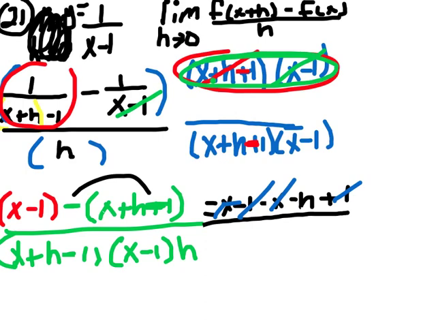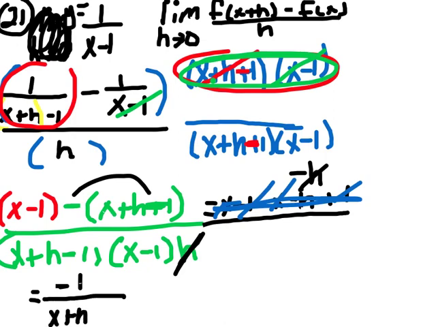So now all of this becomes a negative h, but the h part will cancel out with the h on the bottom. I'm trying to save room on the iPad, so I'm putting a lot of steps in one. So I'd have a negative 1 over x plus h minus 1 times x minus 1.